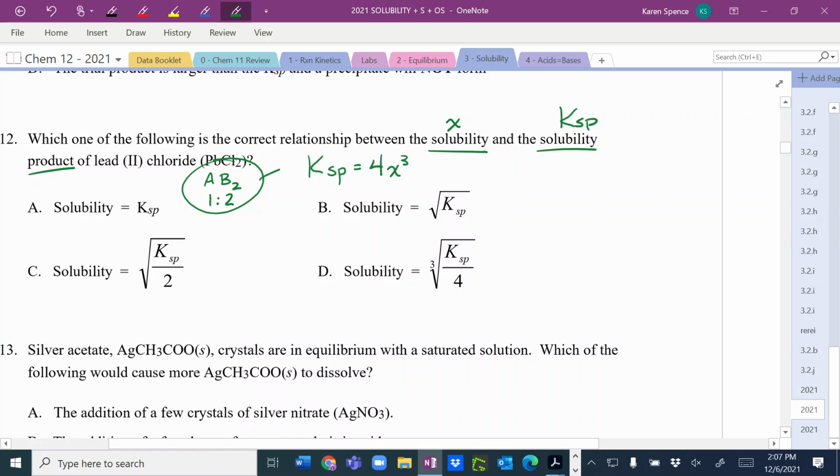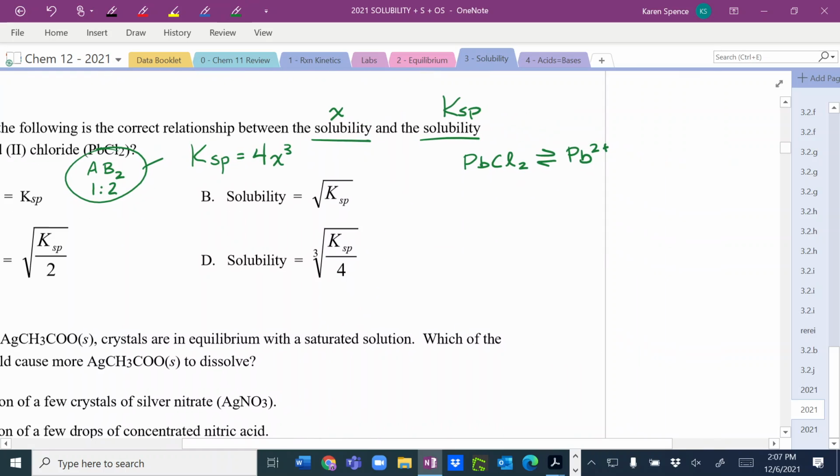So if I have lead chloride, PbCl2, Pb2+, and this is going to apply to any compound that's a 1 to 2 or 2 to 1, plus 2Cl minus. And I say let X be the solubility, yes? Then this is going to be X, this is X, and this is 2X, yes?